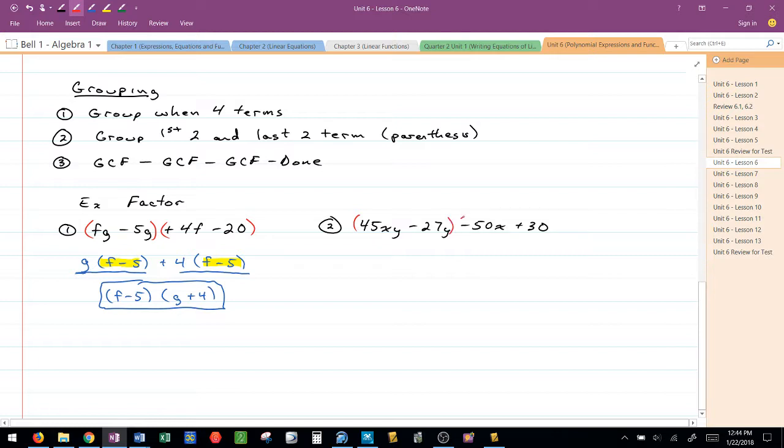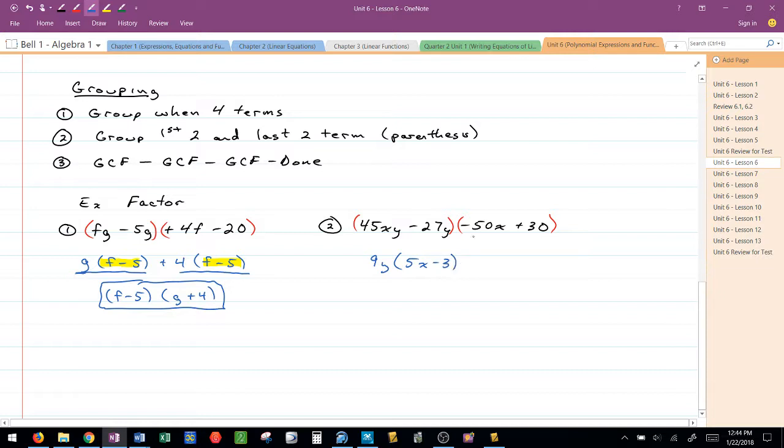First thing I'm going to do is try to group things together. In the first group, I have 45xy and negative 27y. I need a common factor. Let's see, 9 goes into both of them, and y goes into both of them. So I'm pretty confident that this is going to be 9y. And when I pull that out, dividing each of the terms, I get 5x minus 3.